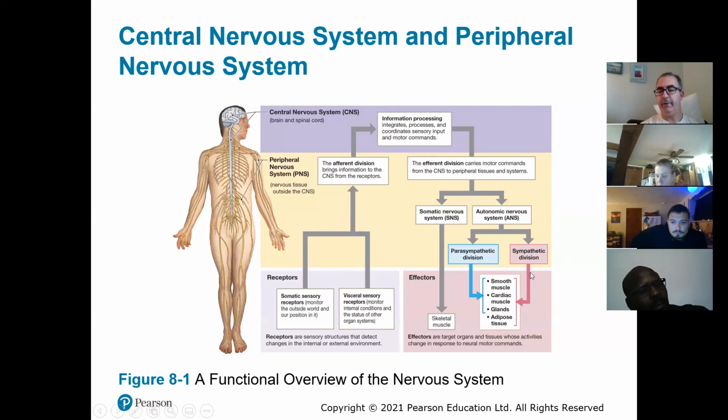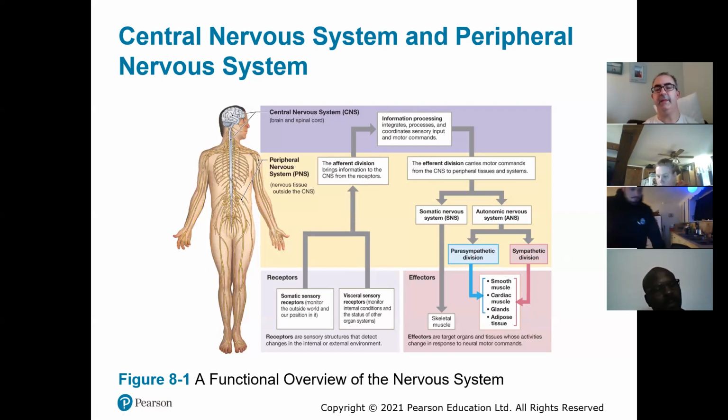You have both parasympathetic nerves and sympathetic nerves going to all the same organs. So going to your lung, going to your heart, going to your blood vessels. You have some parasympathetic nerves and some sympathetic nerves. Sympathetic is what we call fight or flight, right?